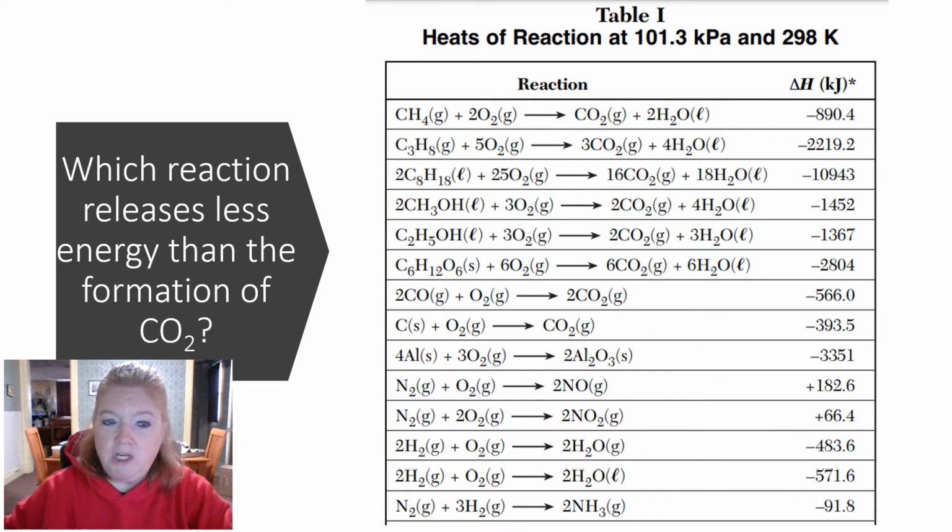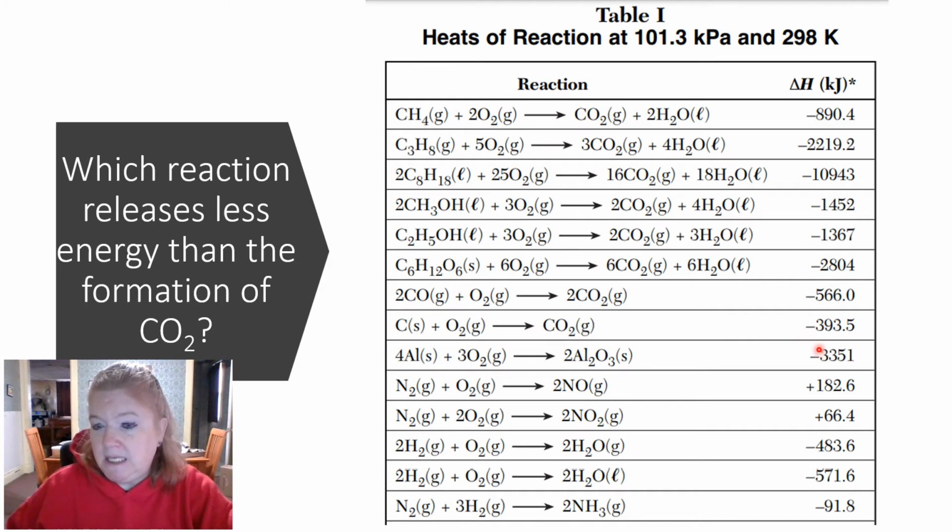Which reaction releases less energy than the formation of CO2? In this table, these are reactants, what you start with. These are what you end with, products. Start with reactants, end with products. If I'm forming CO2, I'm looking for just CO2 on this side. Here we go. It's this reaction. It releases negative, meaning it's exothermic.